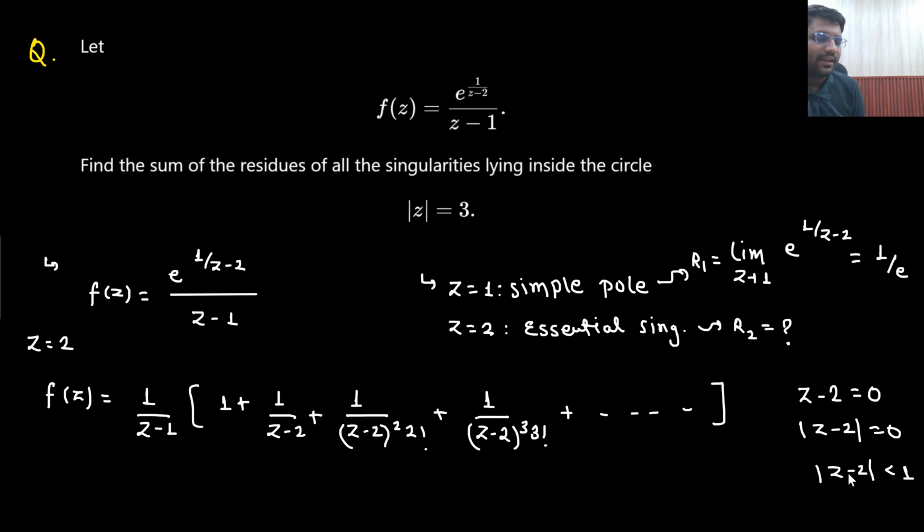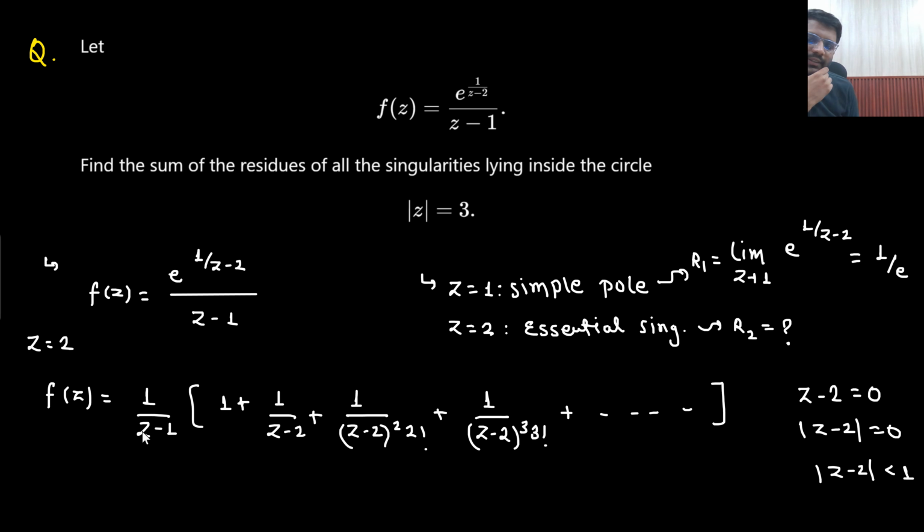So you can expand around the mod of z minus 2, or you can say I will expand around z minus 2. What I mean to say is that this function is given, no? Which function? z minus 1 inverse. I will better write it down in this way. What I need is z minus 2. So I will write it down as 1 plus z minus 2. What will it become? z minus 1 only, to the power minus 1.